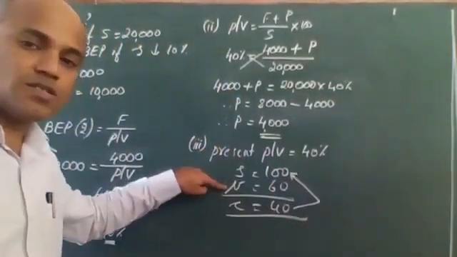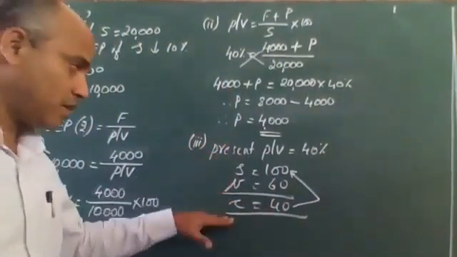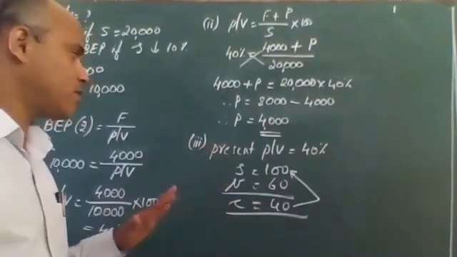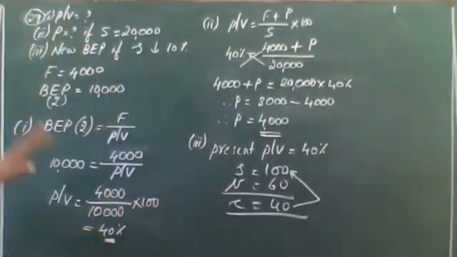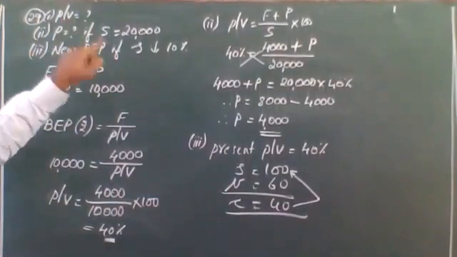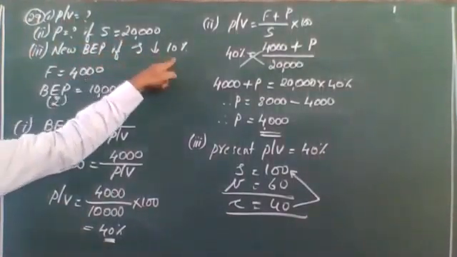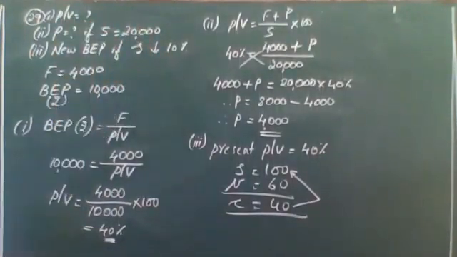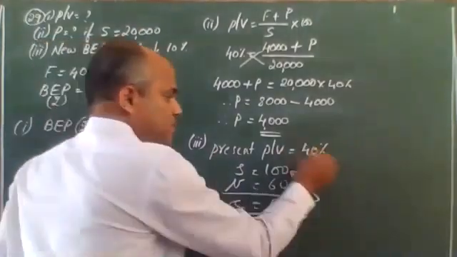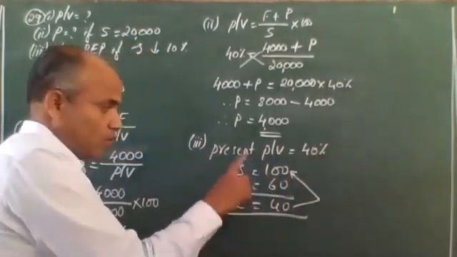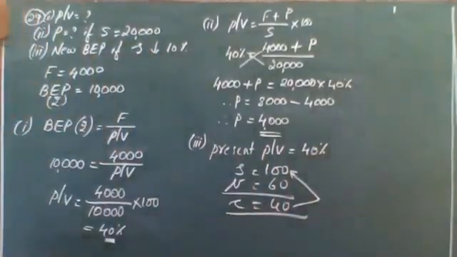That means the variable cost is 60. Is this clear? Once you understand this, now let us just see what is changing. The new PV you find out if the selling price is reduced by 10%. Now I am converting these percentages into rupees. Alright, now I'll try to do this side.